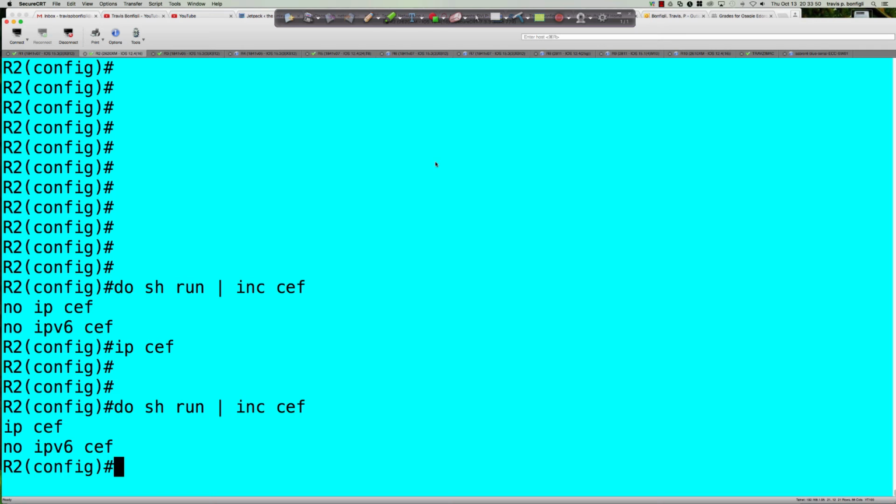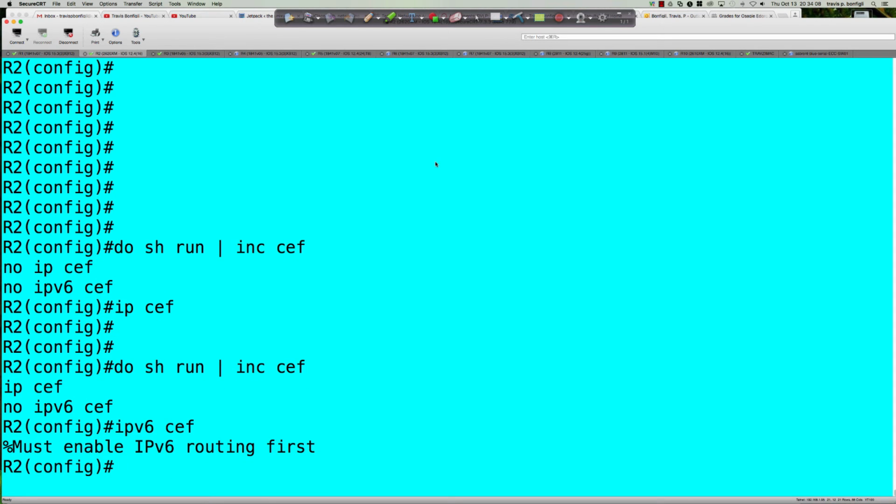So let's see what the requirements are, because we are going to find out that there are some requirements that we're going to have to meet. Specifically, we're going to talk about IPv6 unicast routing, but we'll see that here shortly when we go to enable it.